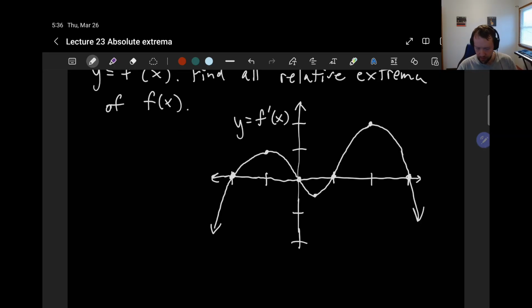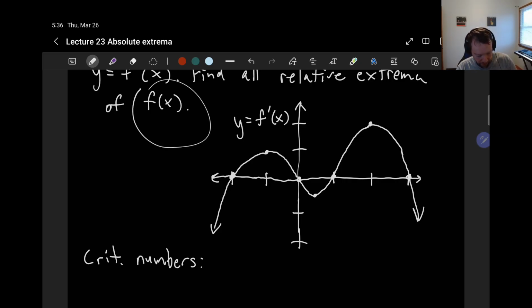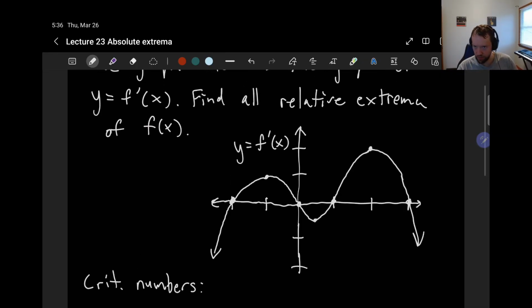Well, it helps to know the critical numbers, right? So what are the critical numbers with respect to f of x? Well, that's when the derivative is 0 or undefined.